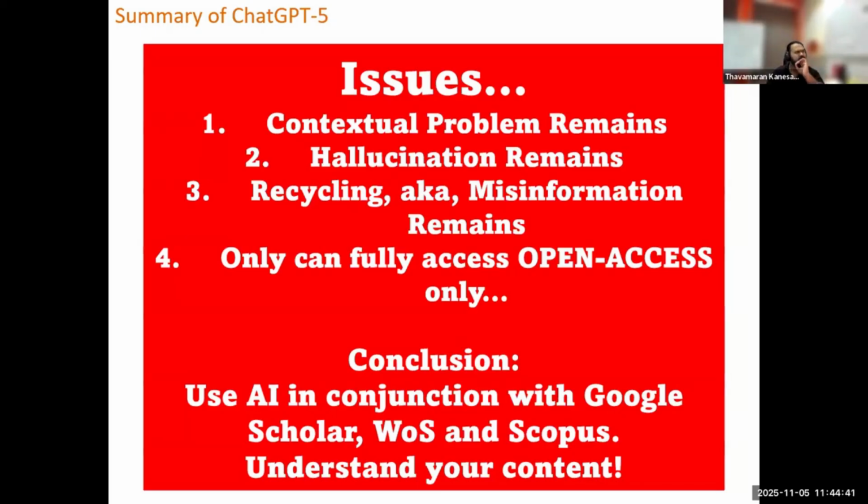They published a paper on the transformer network, they are the ones who came up with it, and their Gemini is also architected with a transformer network. Everyone uses the same. All these third-party tools that are not famous, like Genie AI, SciSpace, the small mini tools, all use OpenAI as the backend. So all of them have the same contextual problem, hallucination problem, recycling, also known as misinformation. They can only fully access open access only.